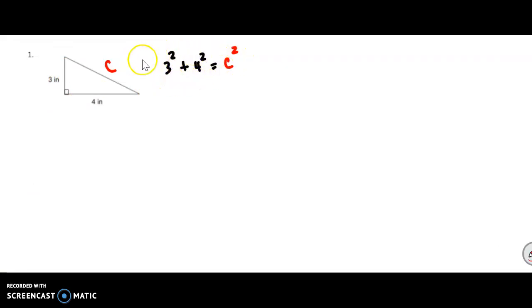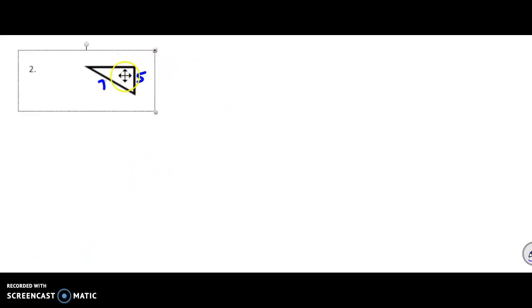I work this out, and the next step I get 9 plus 16 equals c squared. 9 plus 16 we know is 25, so we have c squared equals 25. Then how do we solve for c? We take the square root, because we have to do the inverse, and the square root of 25 is 5.